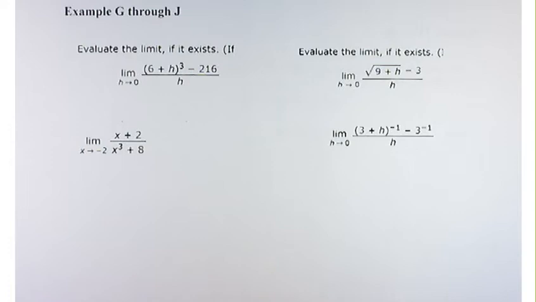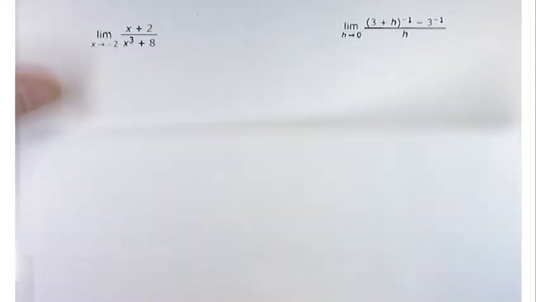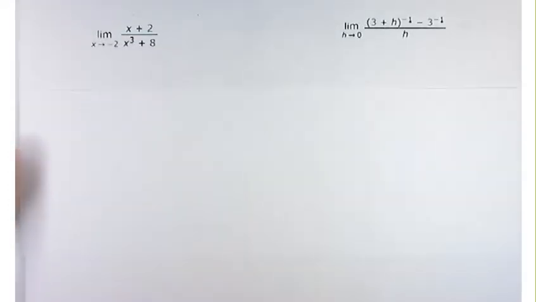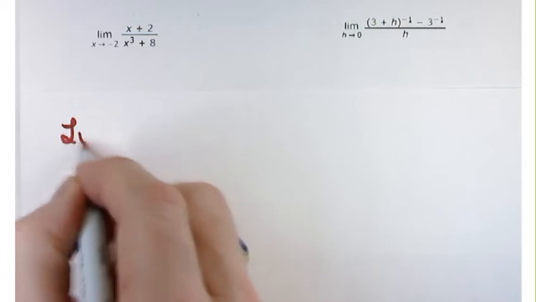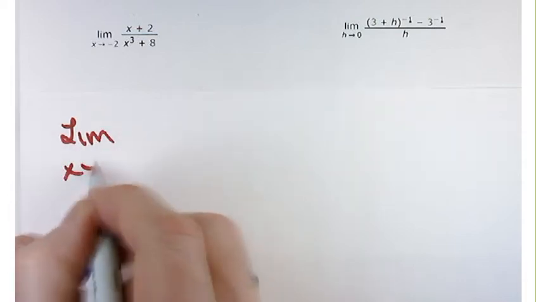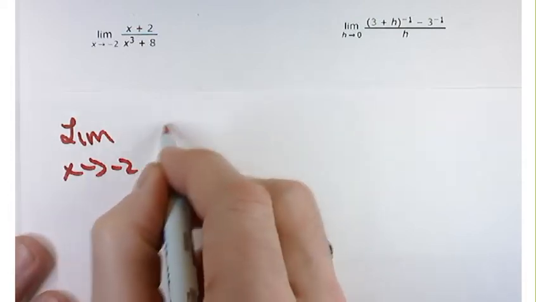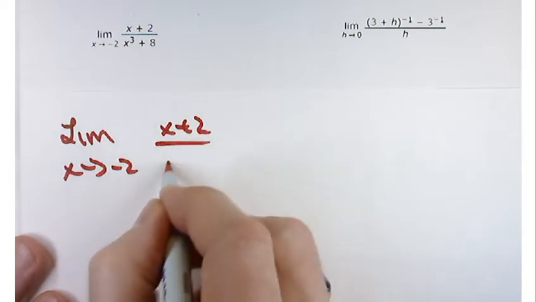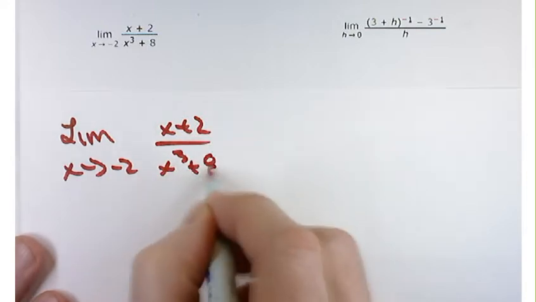And I know that you might look at that one and go, I'm not seeing too much friendly about that. But it is actually the friendliest one of the remaining bunch. So let's look at the limit as x approaches -2 of x plus 2 over x cubed plus 8.